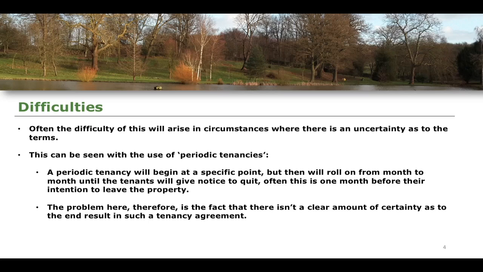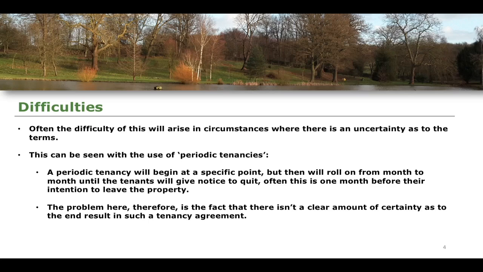The problem here, though, is that there isn't necessarily a clear amount of certainty as to the end result of such a tenancy agreement. It could theoretically run for 6 months. It could theoretically run for 6 years. Given that there's no problems between the tenant and the landlord, in what ways could this actually be quite problematic?